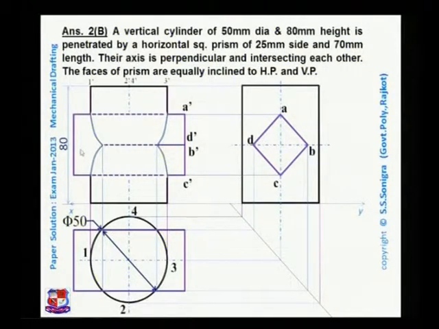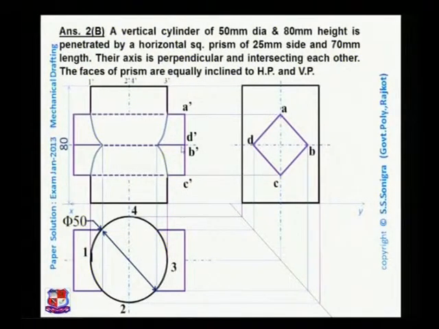After that it will not be visible, hence draw with a dotted line, and then after it would be visible, so draw it with a solid line like this. So this is the front view of the given solid.